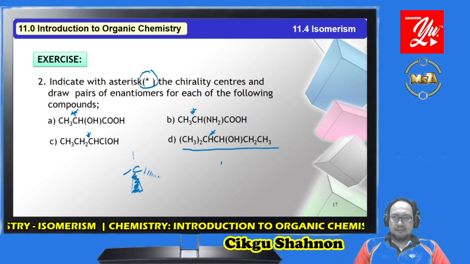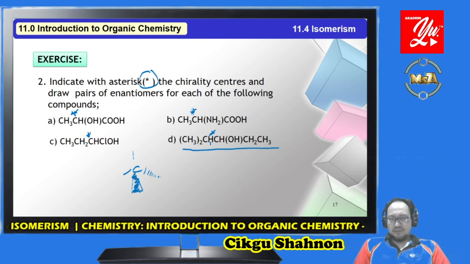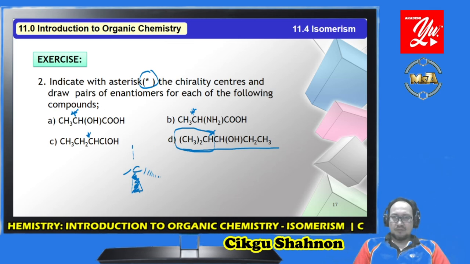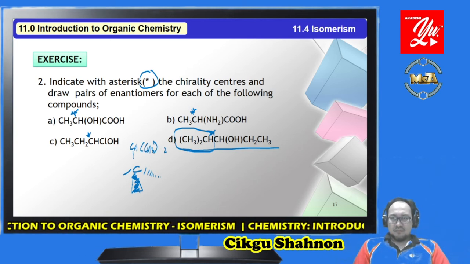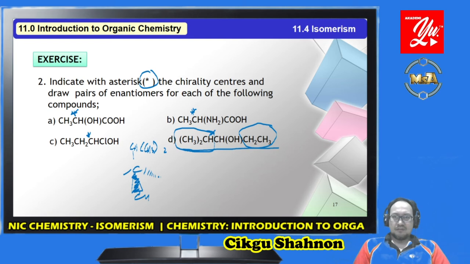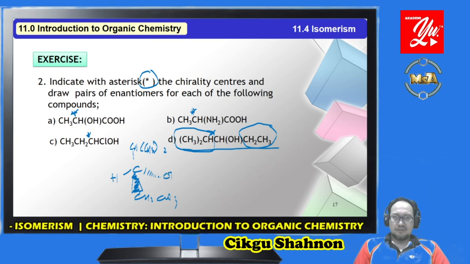Now I want to put this one. This one is a bulky group, so I want to put it on top here, CH3 2. And then the second bulky group, I think this one, CH2CH3. And the rest is H and OH.